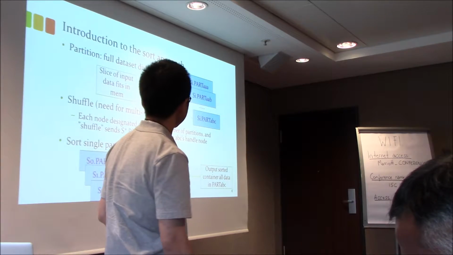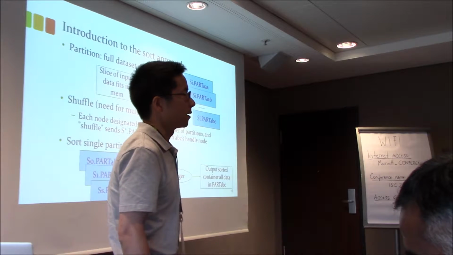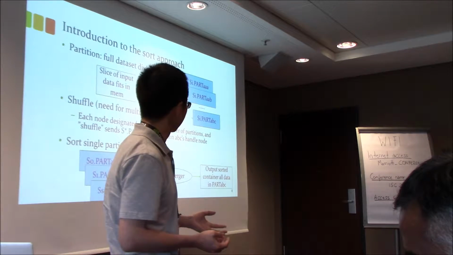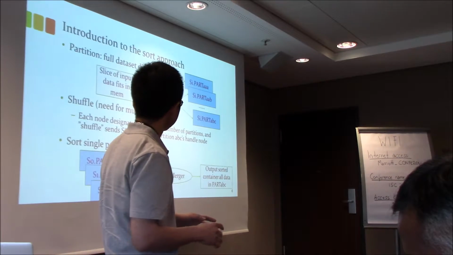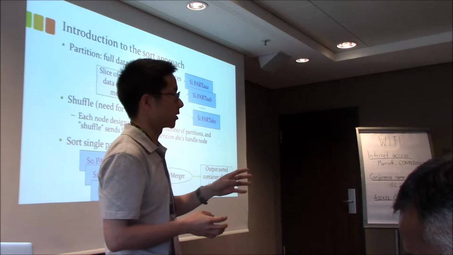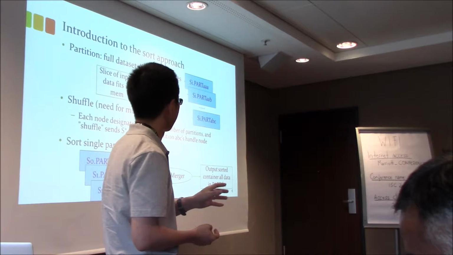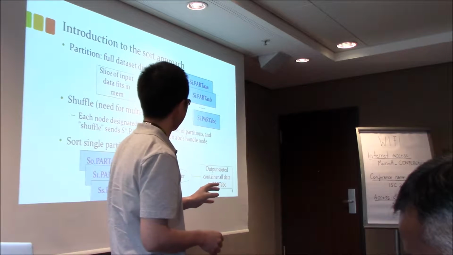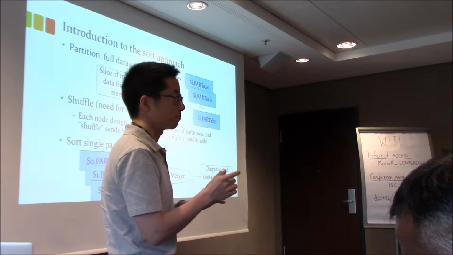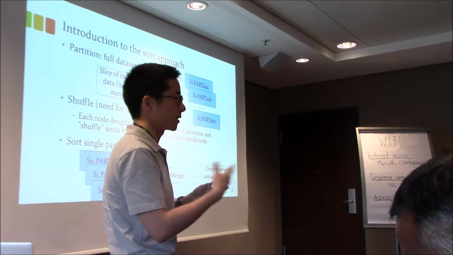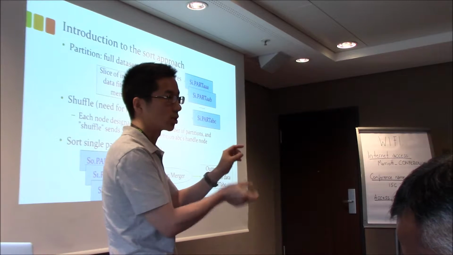Okay, this is the sort approach we are using. Imagine we have a large set of data on one node. We divide the data into slices of roughly 1 or 2 GB each, and each slice goes through a partitioner. The partitioner partitions according to the high order bytes in the key, just like a radix, so it places those records into sub-partition buckets.